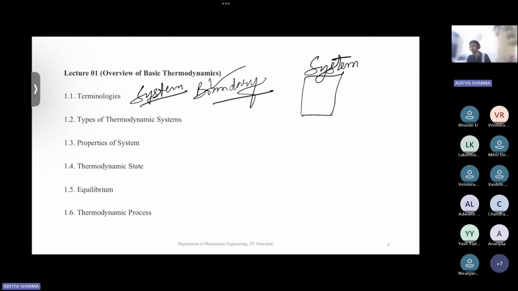Then different types of boundaries have been discussed, like fixed boundaries, moving boundaries or imaginary boundaries. All this has been discussed in your thermodynamic system. Then the types of thermodynamic systems have been discussed.